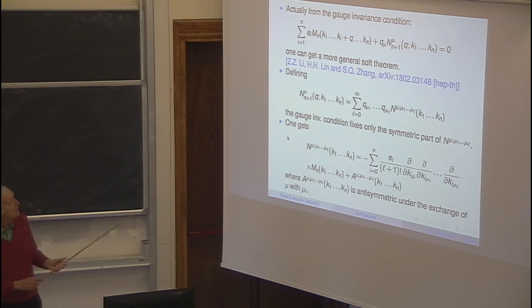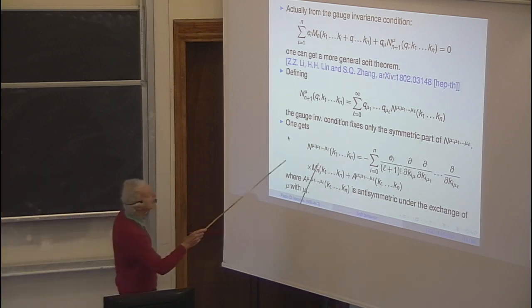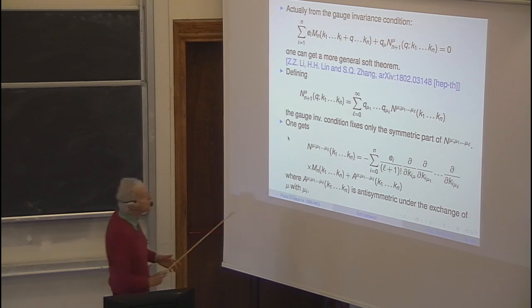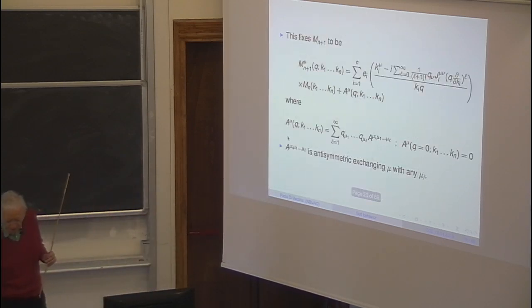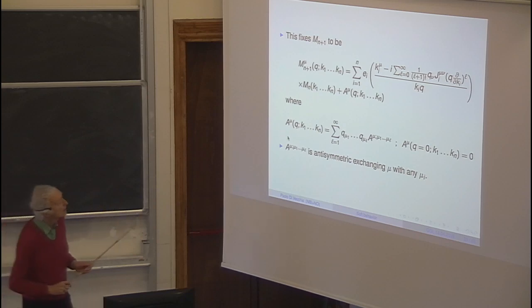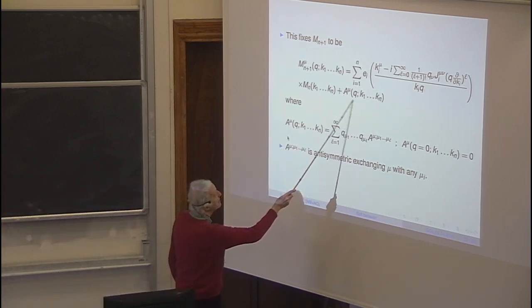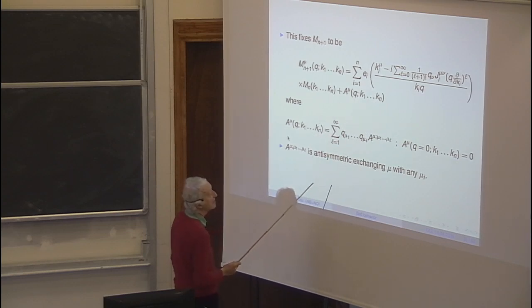So if you put, so you get this, and then if you go back to the amplitude, you get this. So this is the completely symmetric part, and this is the antisymmetric part.